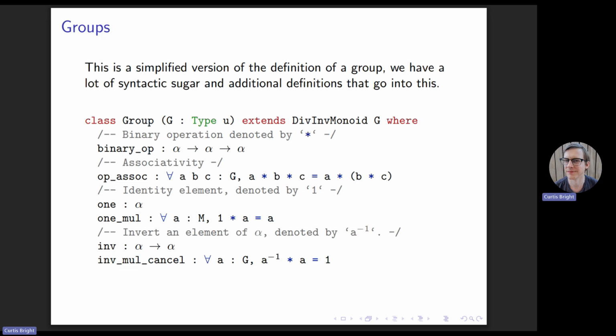But basically, the binary operation is supposed to be G to G to G, a right associative function. It's taking in two elements and giving a new element, and similarly for the other appearances of alpha and M up here. But basically, we have a binary operation, we have associativity, we have an identity element, and we have inverses.